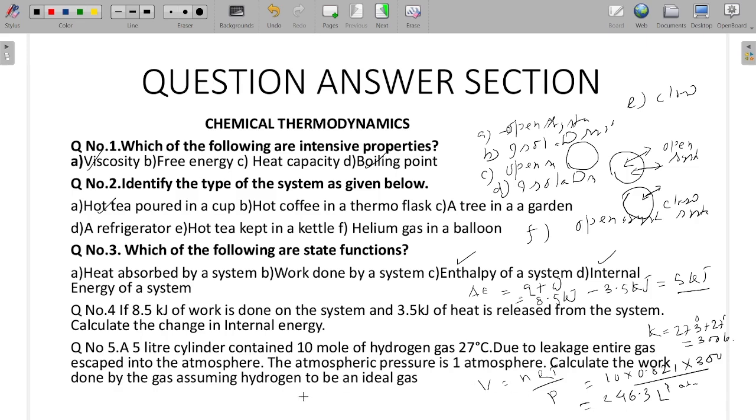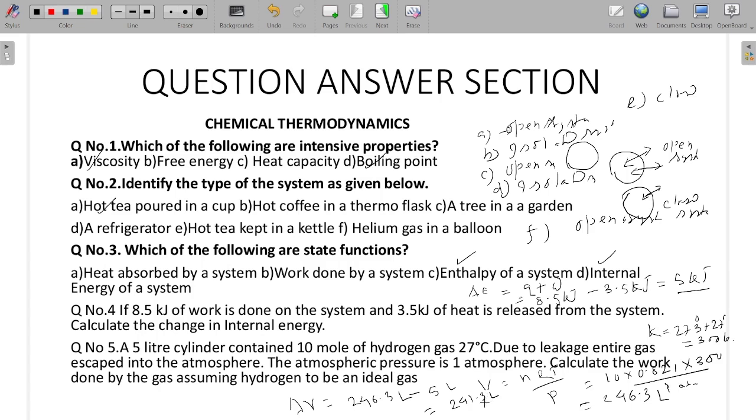So what is the change in volume? Change in volume delta V is equal to V2 minus V1, that is 246.3 minus 5 liter, which is 241.3 liter. We have to calculate the work done by the gas, assuming the hydrogen gas to be the ideal gas.